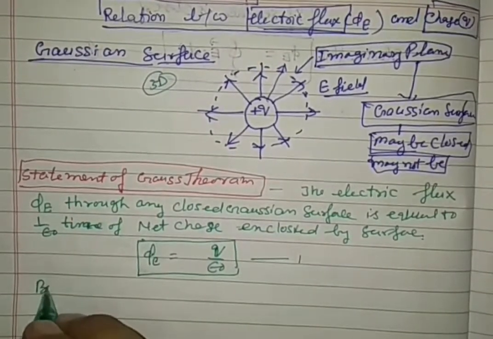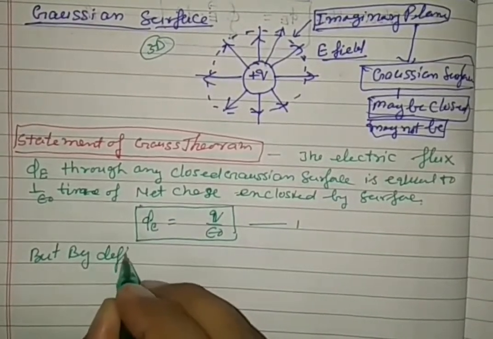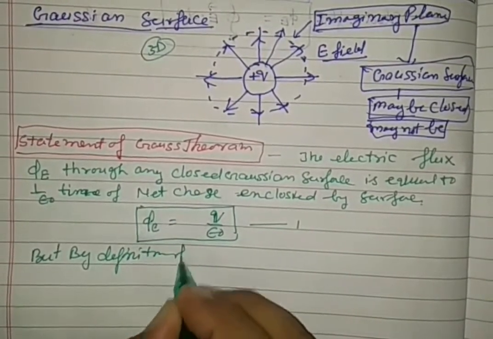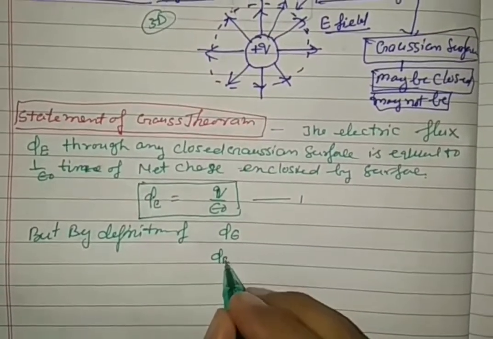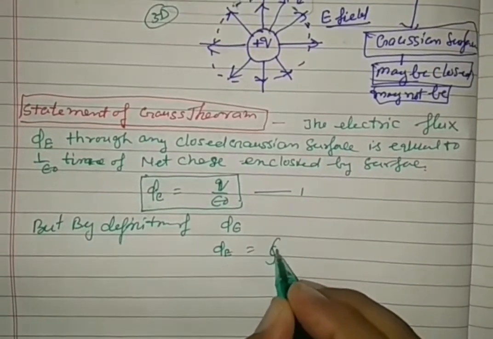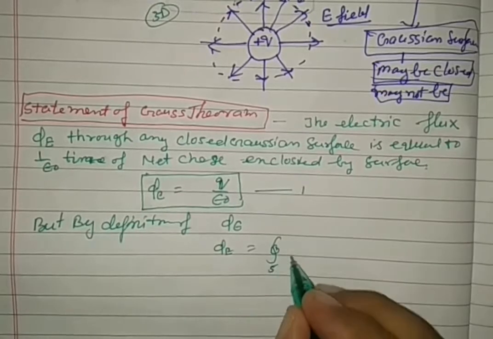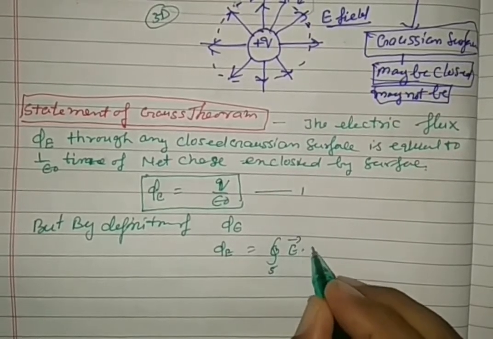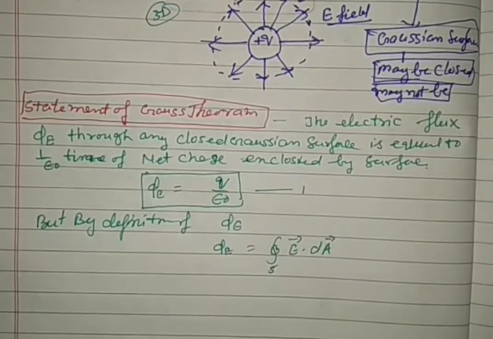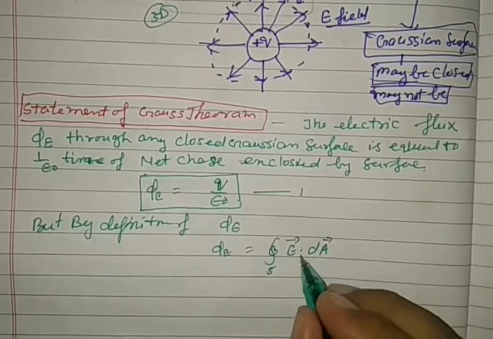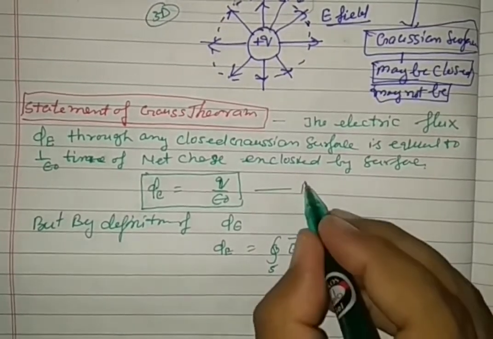But by definition of electric flux, it is given by the closed surface integral of E dot dA, dot product of 2 vector quantities.